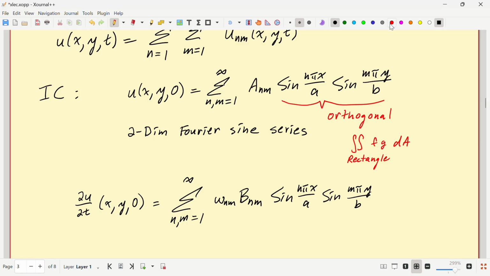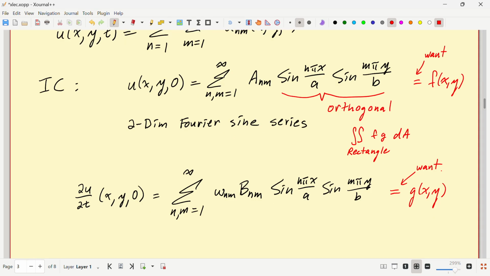We want this to be equal to f of xy, and that determines the a nm's. And we want this to be equal to g of xy, and of course, that determines the b nm's, because we have a formula for the omega nm's. And so use orthogonality in exactly the same way to determine what the b nm's have to be.